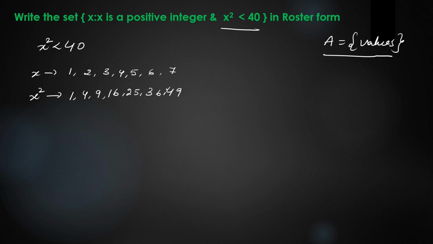But they just asked us for x square less than 40. That means we are not considering the values exceeding 40.